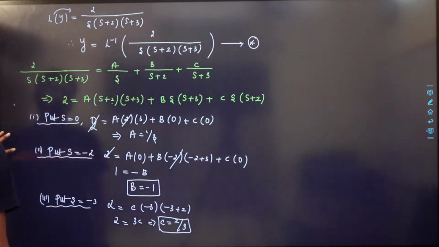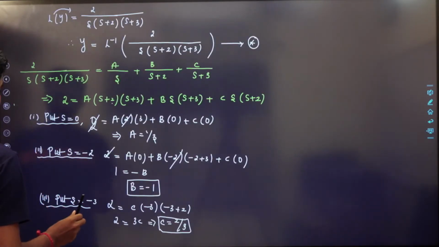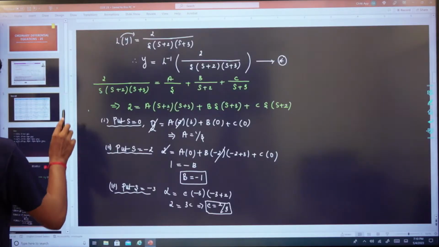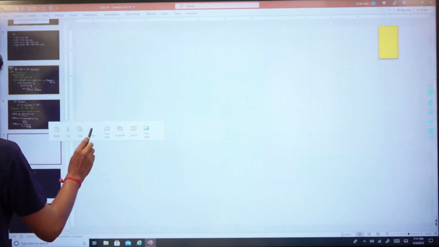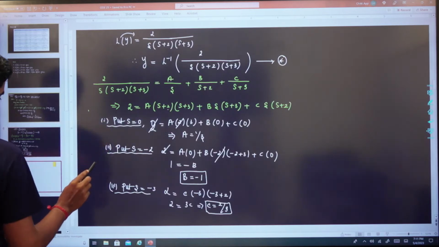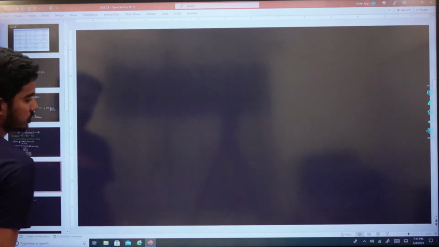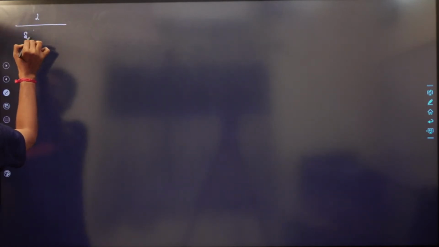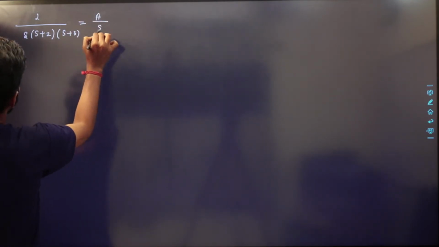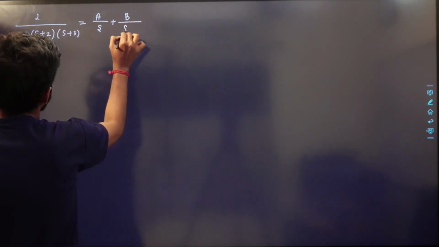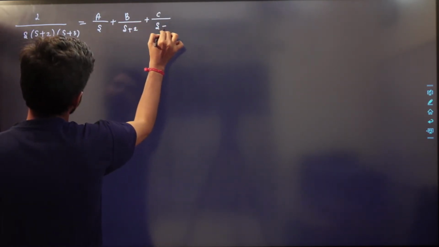So we have 2 divided by s into s plus 2 into s plus 3 is equal to a by s plus b by s plus 2 plus c by s plus 3, right?